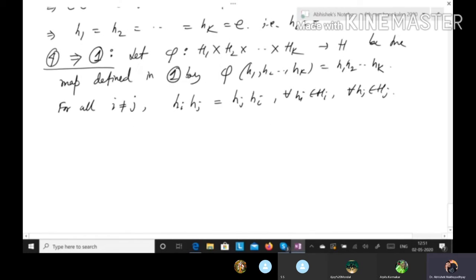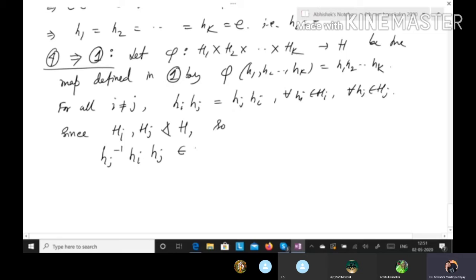How could you do this? Since Hi and Hj are both normal subgroups in H, just consider this element hj inverse hi hj.